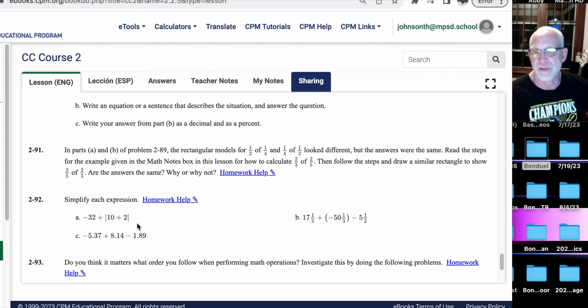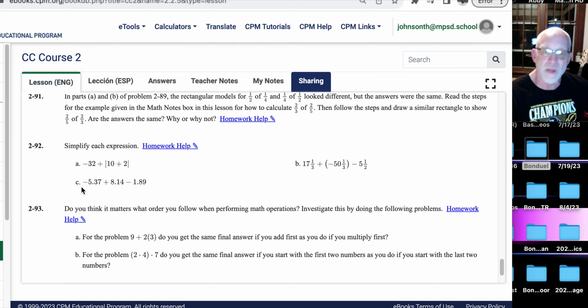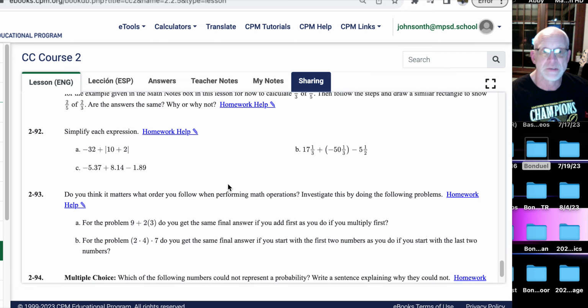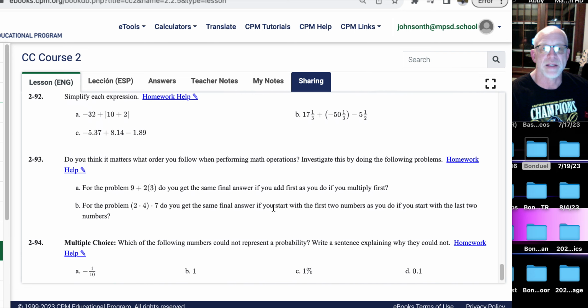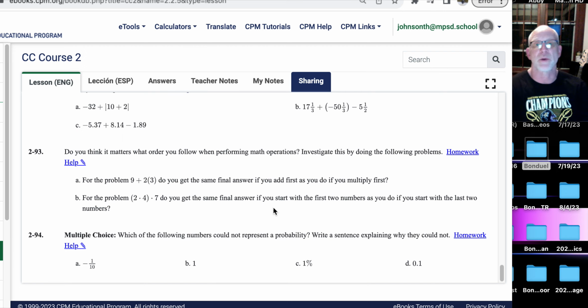This gets back to absolute values and adding integers. And then from there, we're looking at this homework problem. Do you think it matters what order you follow when performing math operations? Okay. If you get 9 plus 2 times 3, do you get the same final answer if you add first than if you multiply first?